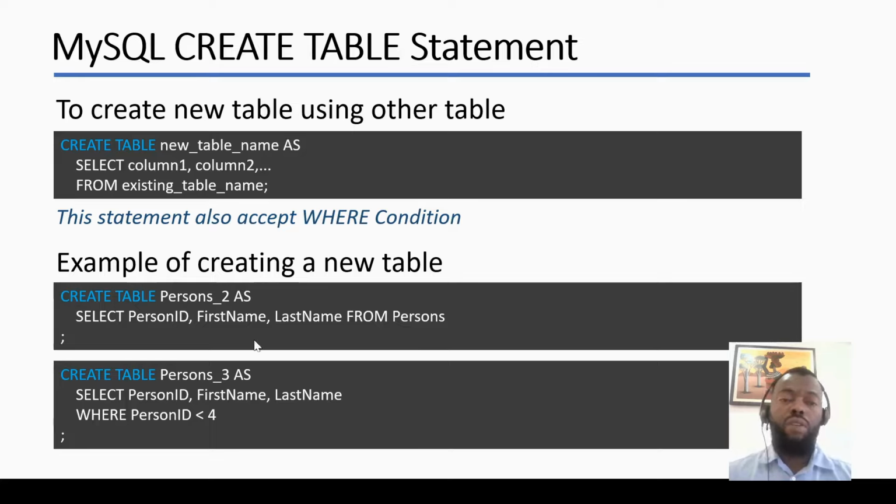So here we have the example where we get the structure and the data, and here we have the where condition, where we can define which data we need. Or we can create a new table without the data, using only the structure.